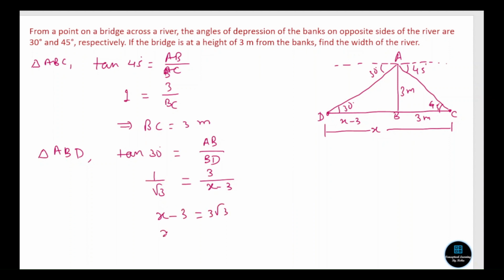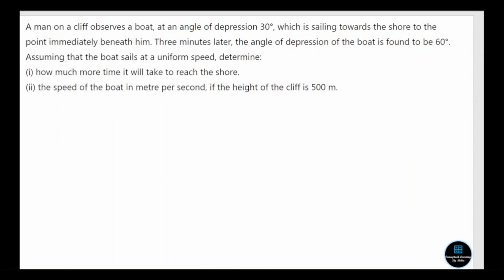Correct? So I can find x. x is equal to 3 root 3 plus 3, which is nothing but x equals 3 into root 3 plus 1. Right? I can keep this as it is, or I can put the value of root 3 and find the answer in decimals.